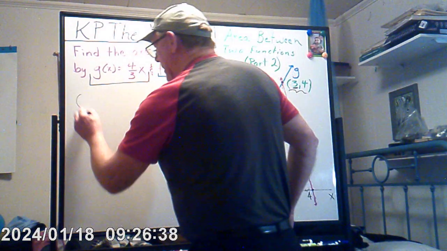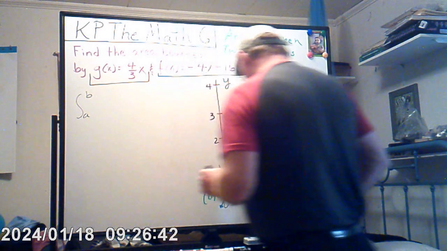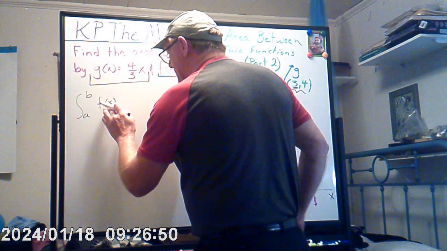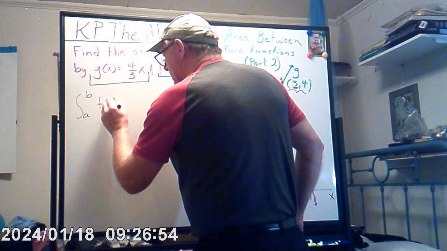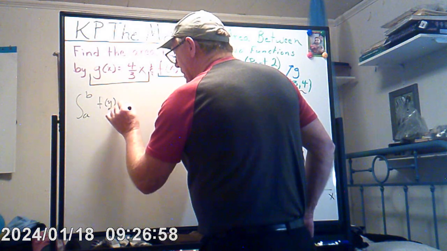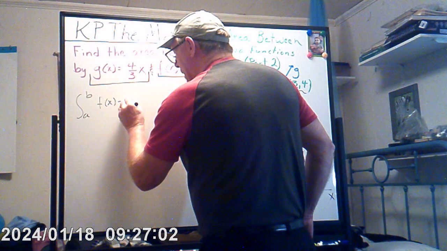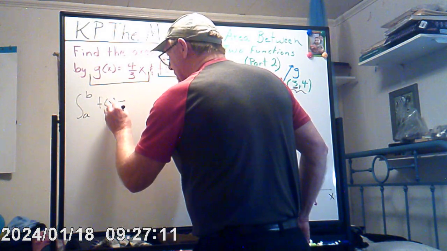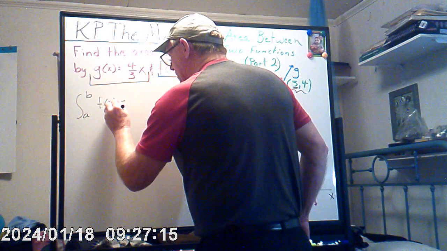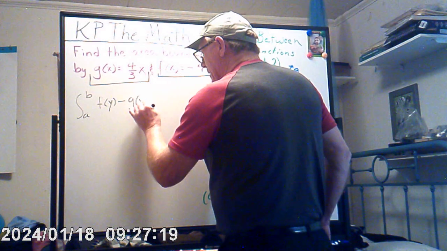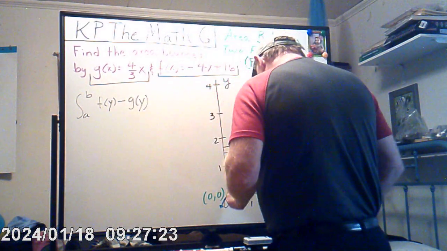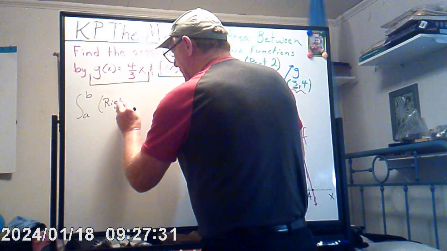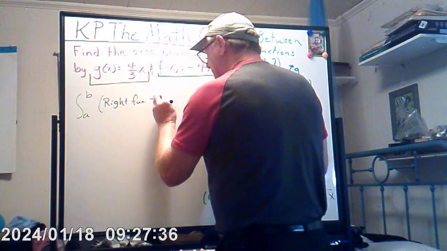So when you integrate from A to B, in this case, you're going to integrate F, but instead of X, it's going to be Y. F at Y, and I'll show you why it's that in just a moment, minus G. It is the right function minus the left function.